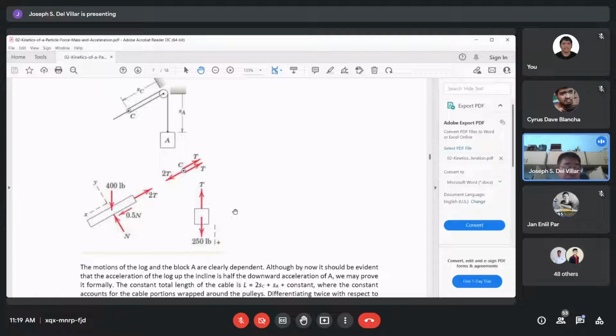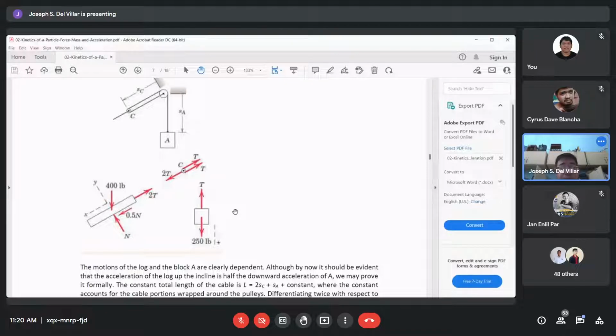Because they are attached to a single cable. So when A moves, the log also moves. That is the meaning of dependency. When one moves, the other automatically moves, because basically they are just joined by a common cable.